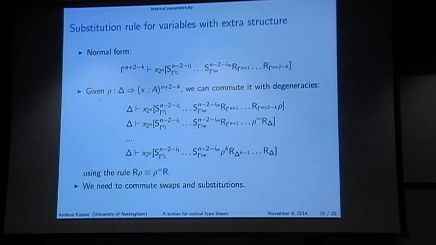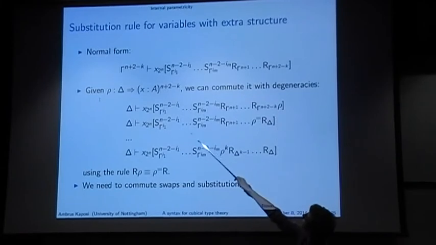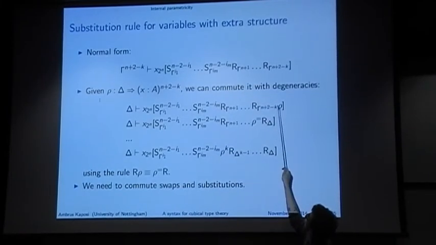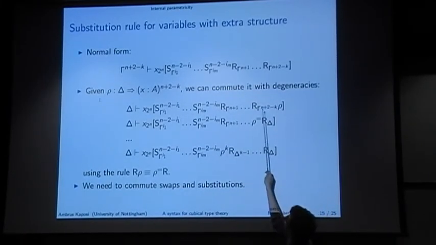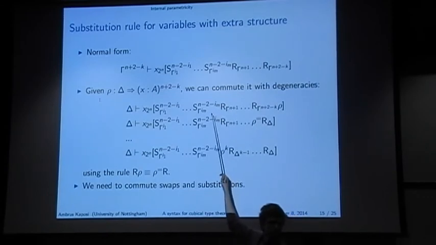Yeah. So how do we apply a substitution to these? We have another law for R's. This is the naturality law. We think about the model. So R gamma is the same as R rho is the same as rho equals R, and with the help of this law, we can just lift. If we have such an X, we can just lift the substitution rho from back to front until the S's.